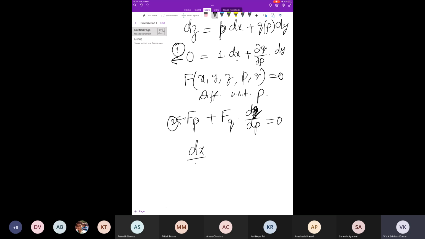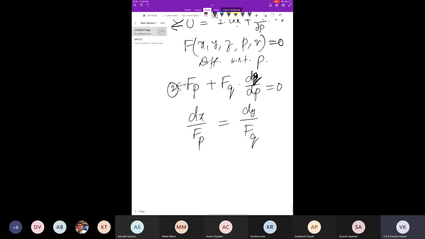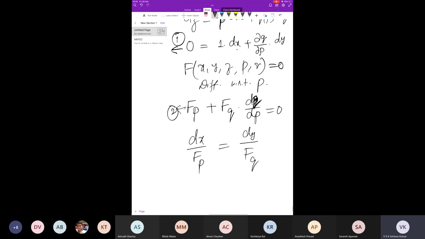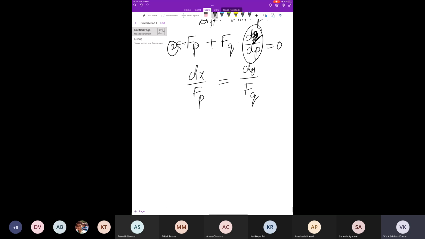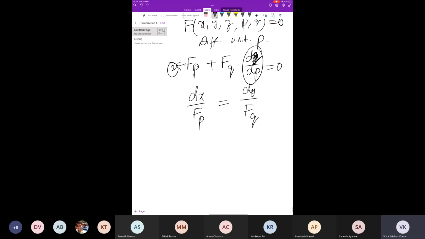That is, the common ratio: dx upon fp is equal to dy upon fq. This is the same thing here, because this is also dq upon dp, and here also. So we get two equations now in parametric form.